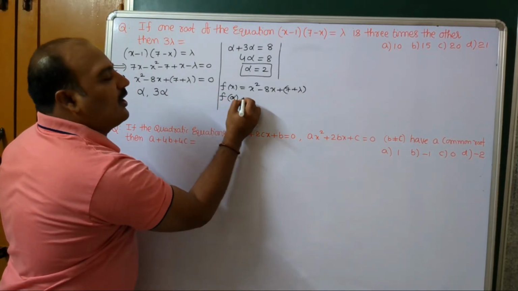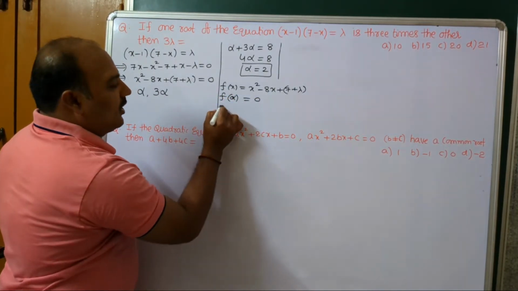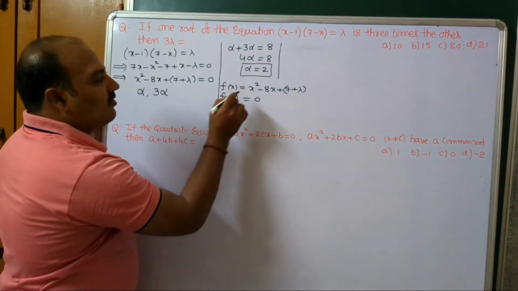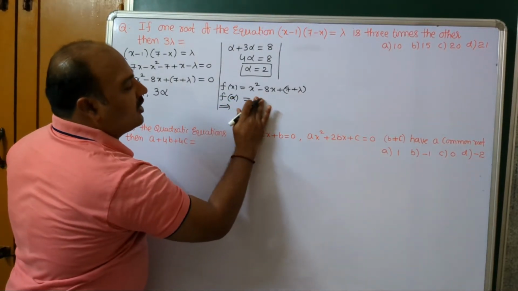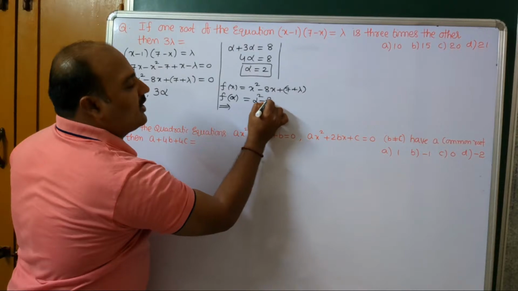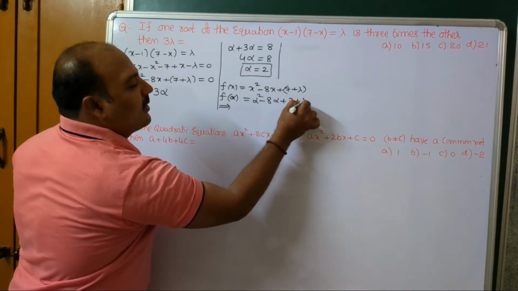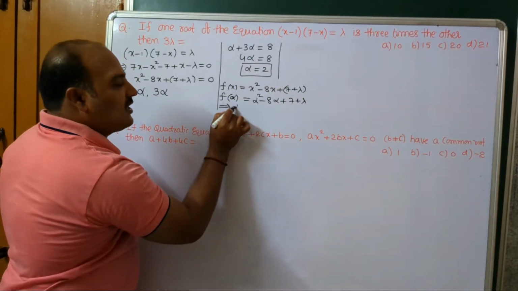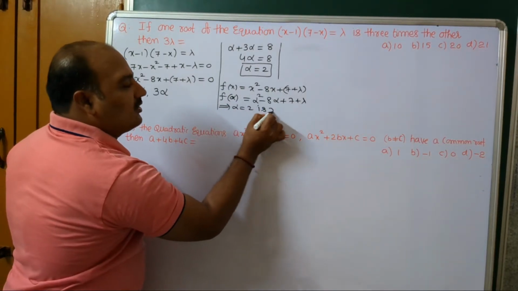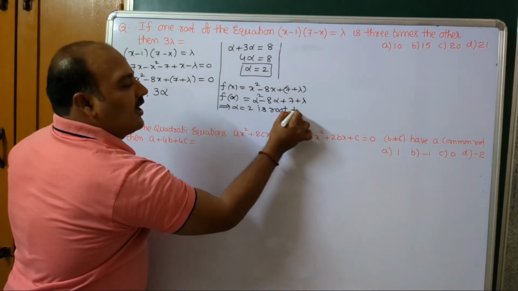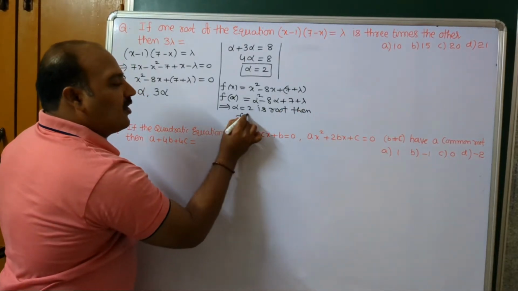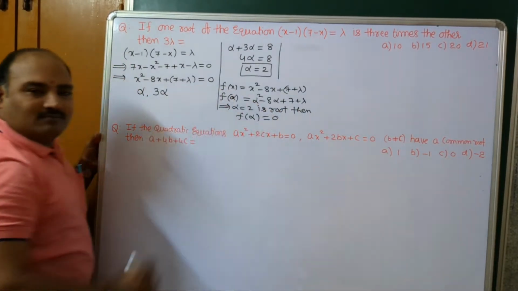f of alpha you write first. That implies f of alpha is alpha square minus 8 alpha plus 7 plus lambda. Whenever alpha equal to 2 is a root, then f of alpha equals 0.